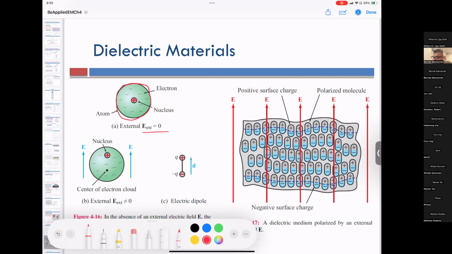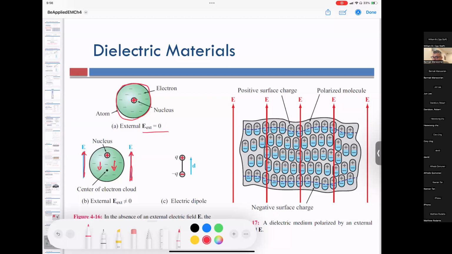It's not generating anything. But in the presence of an external electric field, remember that the electrons are negatively charged, so if I have the electric field going in this direction, from bottom to up, the electrons are going to move from top to bottom.